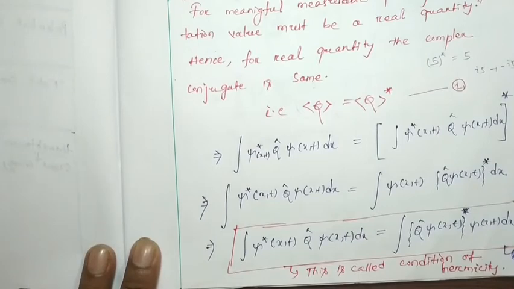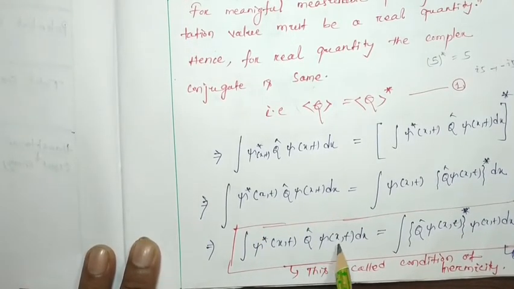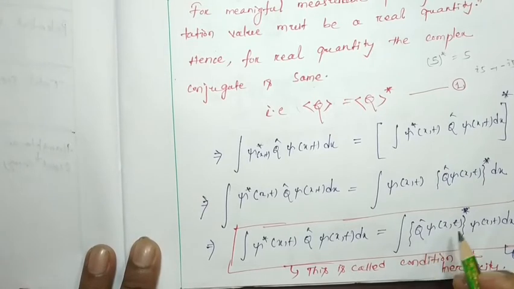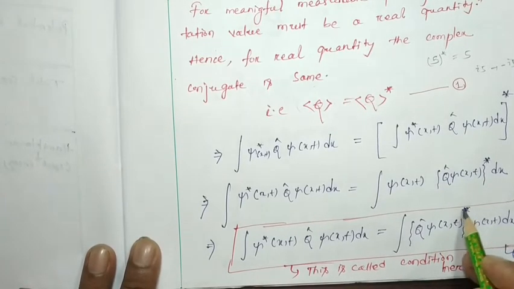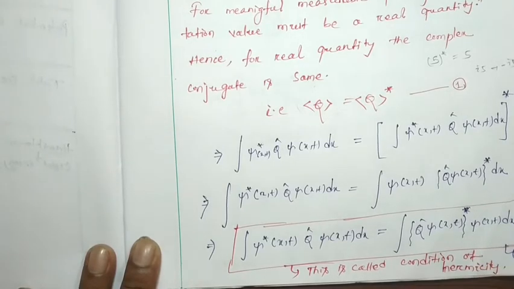So on the left hand side we have the integral of psi star (x,t) Q cap psi(x,t) dx, which will be equal to the integral of (Q cap psi(x,t)) star psi(x,t) dx.